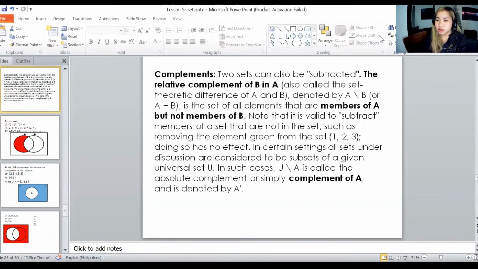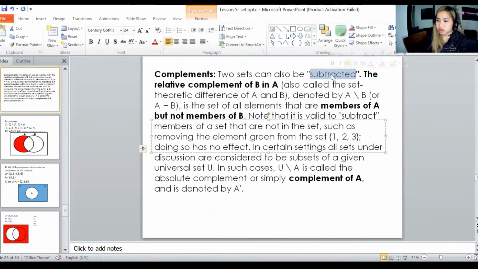Okay, so complements, 2 sets can also be subtracted. Ayan, pwede daw pong ma-subtract yung dalawang set.